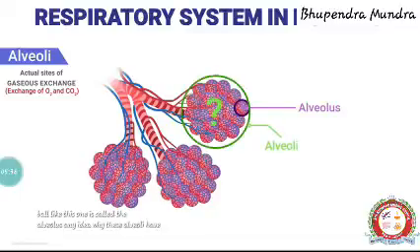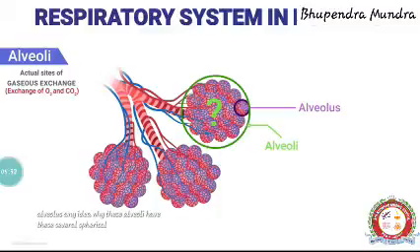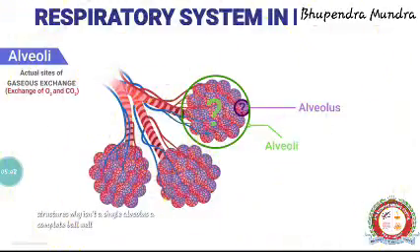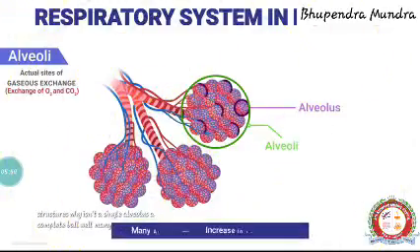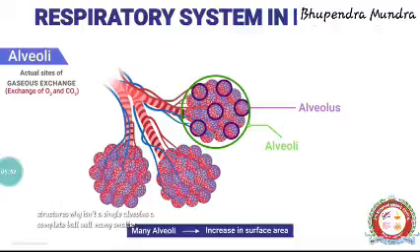Any idea why these alveoli have several spherical ball-like structures? Why is it not a single alveolus as a complete ball, while many smaller balls help in increasing the surface area?